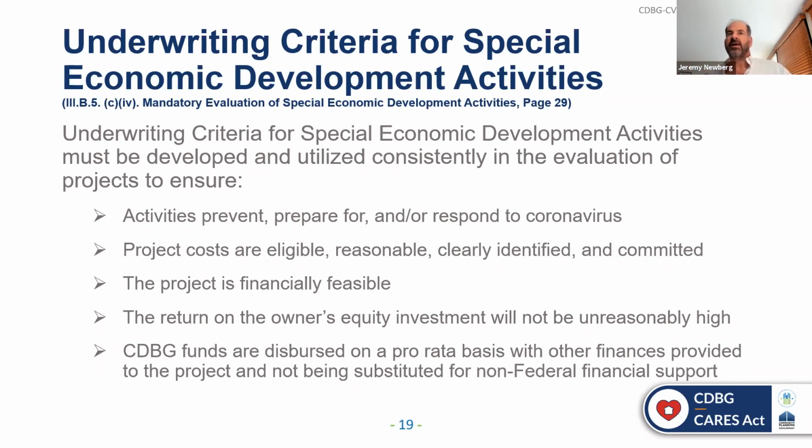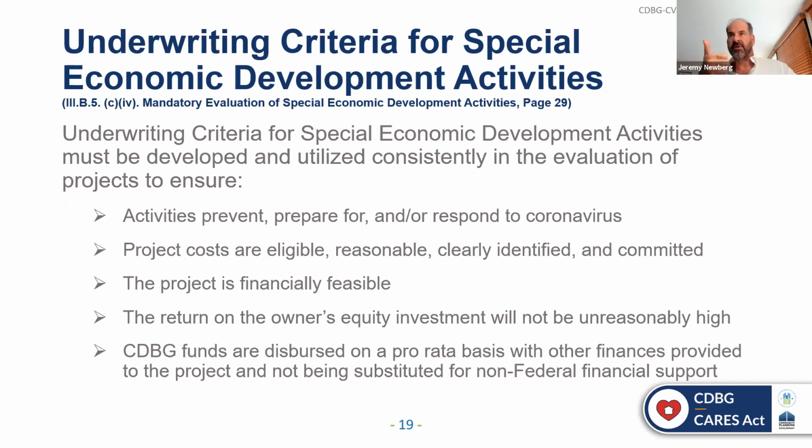So yes, you want to look at the balance sheet, you want to look at the income statement, you want to see if the business has a plan of how they're going to recover. And that takes some thought in structuring your underwriting. Often the underwriting isn't so much to hit a ratio, but to go through these criteria.